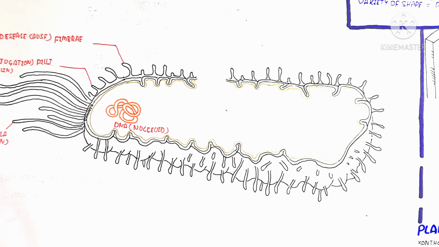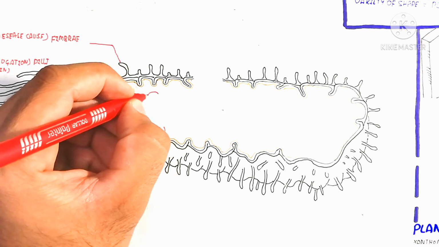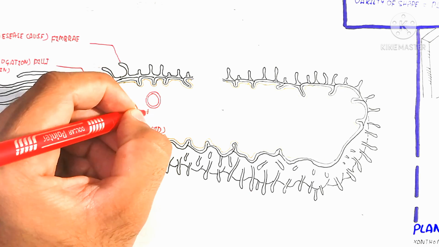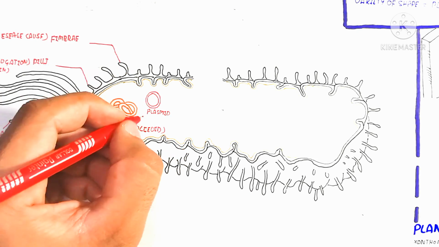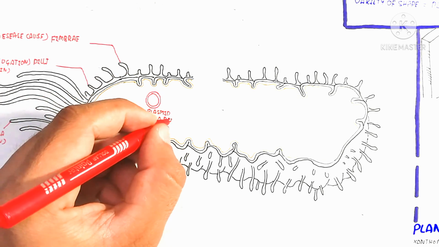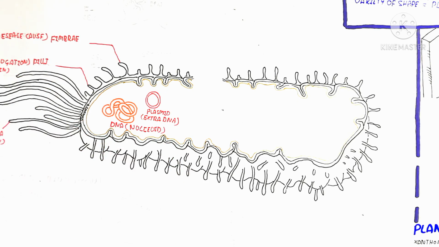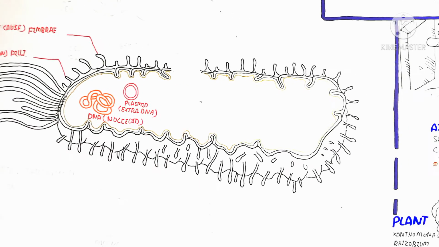And here is the DNA. Circular DNA is also known as the nucleoid, or we can say it is the one chromosome in the bacteria. Here is the plasmid.